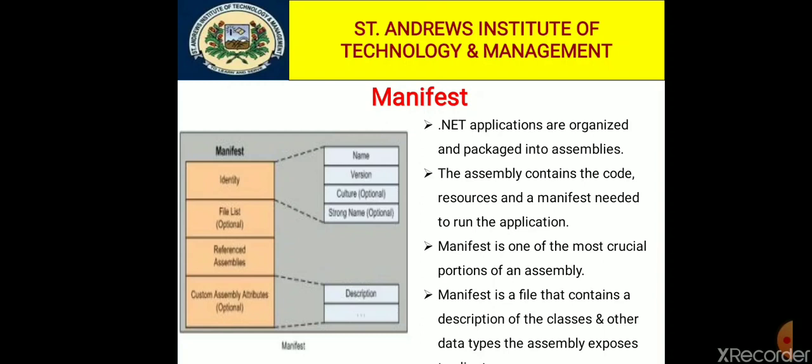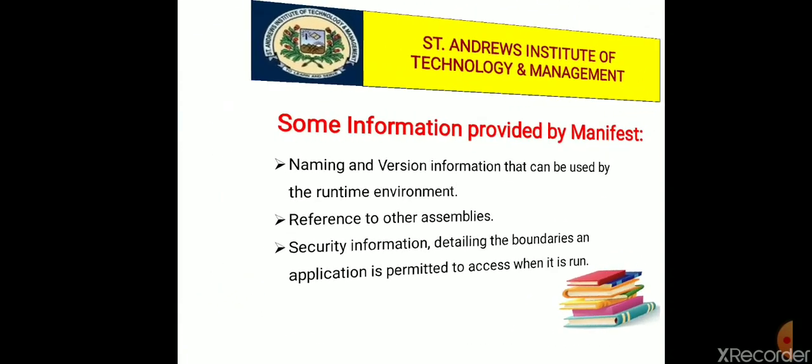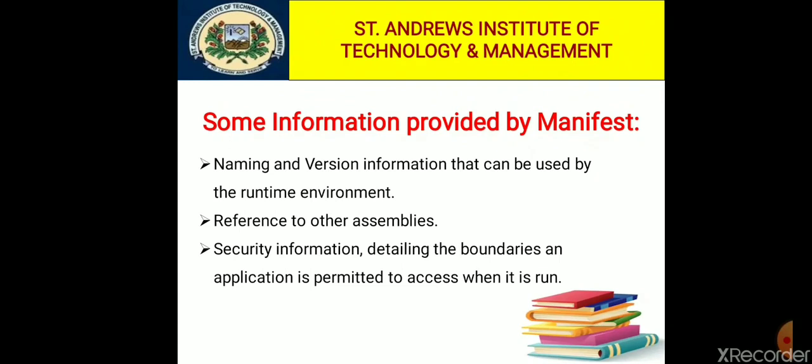Now the last point is, the manifest is a file that contains a description of the classes and other data types the assembly exposes to clients. Some information provided by the manifest is naming and version information that can be used by the runtime environment.